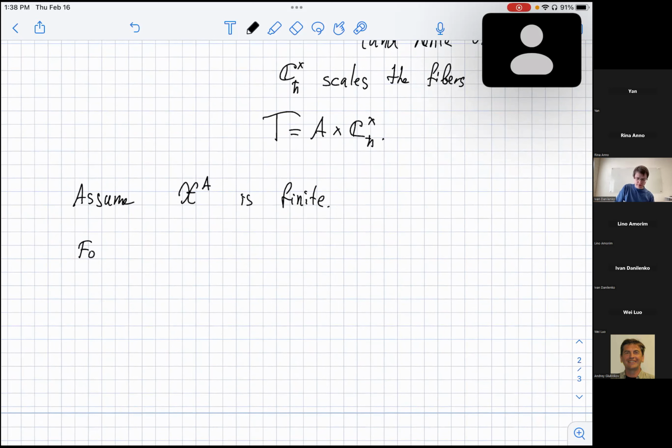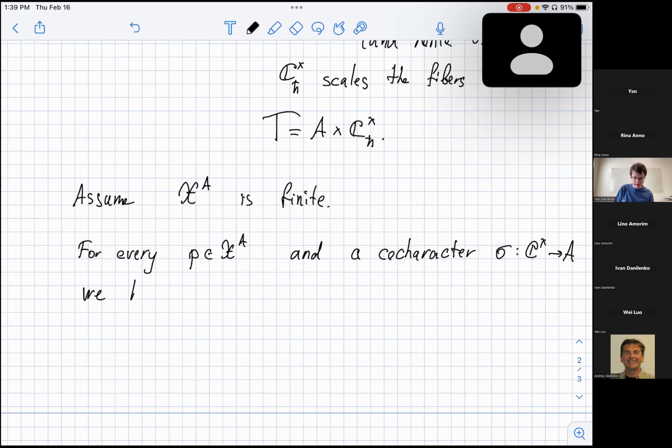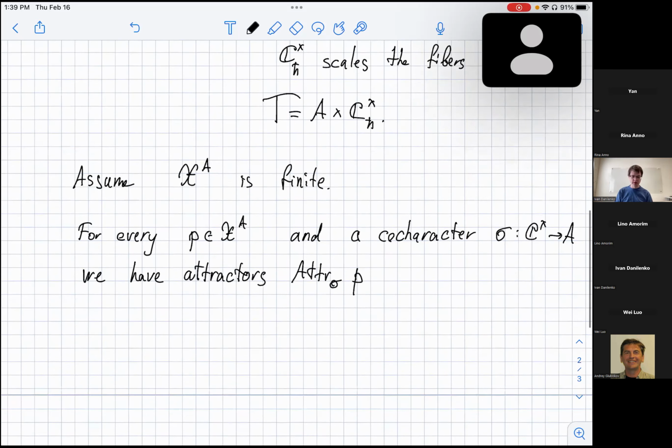So then for every fixed point A, and the choice of a co-character of A, we have attractors, the attractor to the point with respect to the co-character.